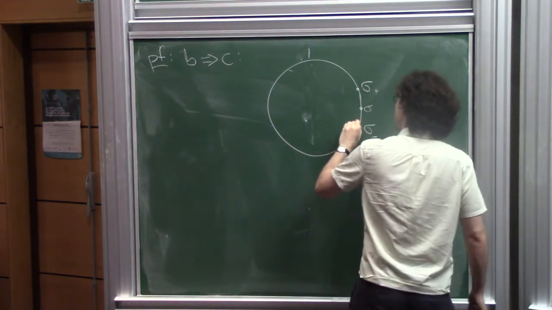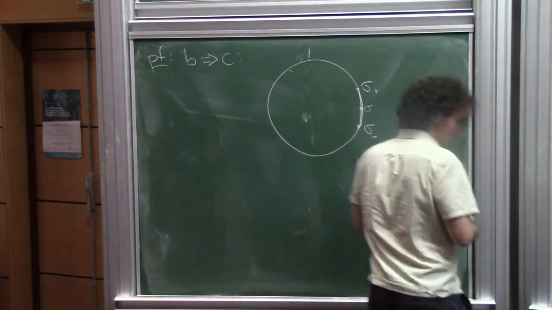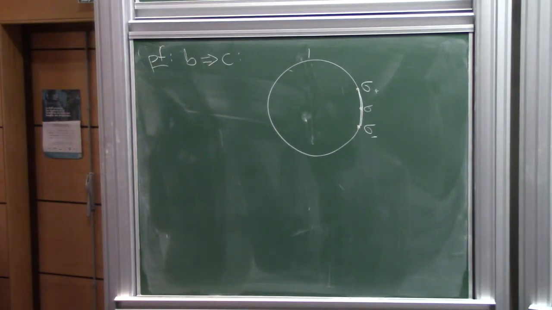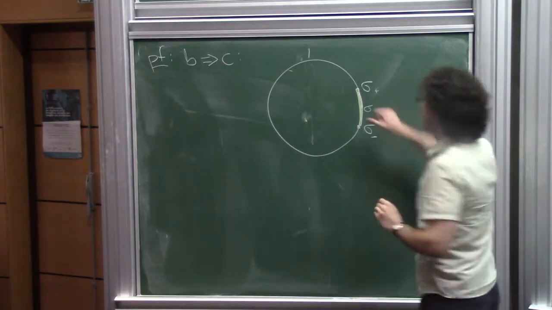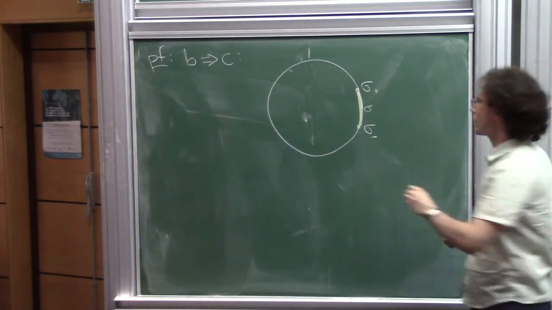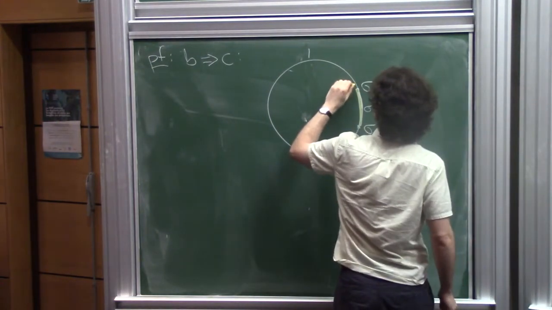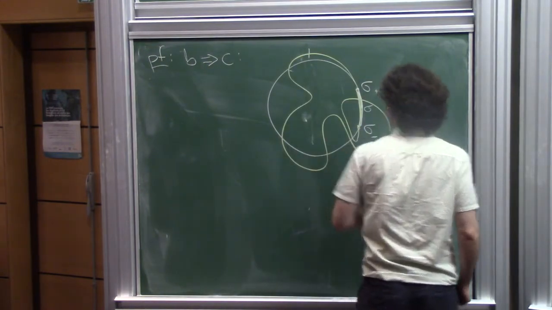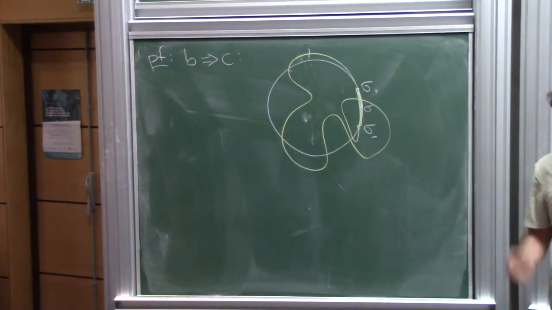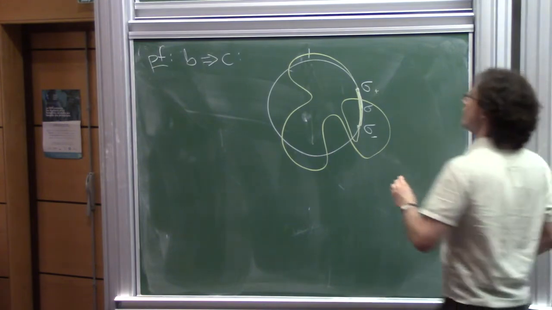So let's apply that contactomorphism. Let's grab another color. I guess it's just green. Let's apply that contactomorphism to this short positive path. I'm going to get some new positive path, not necessarily short.